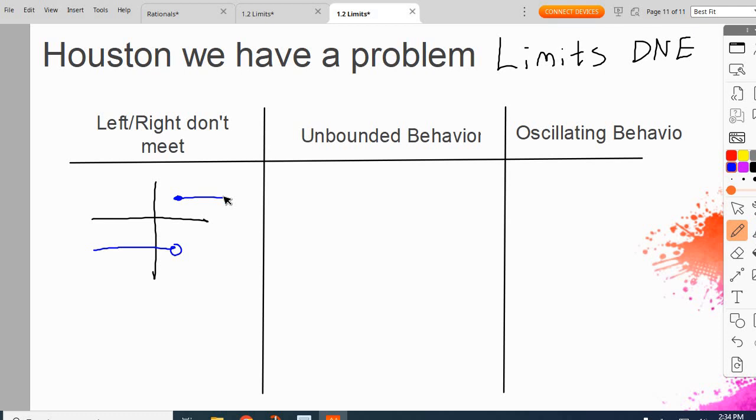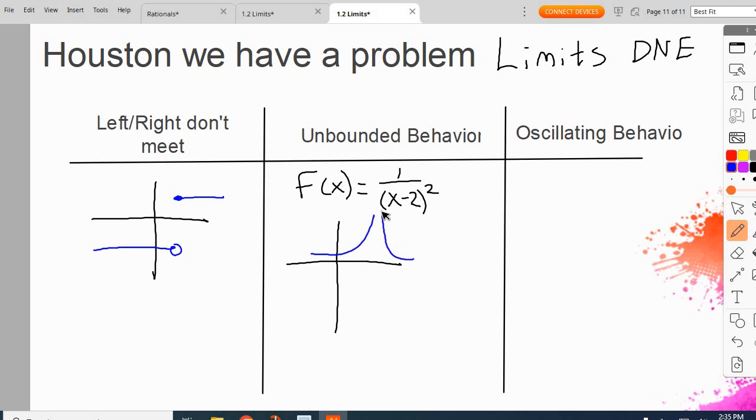Our second is like our unbounded behavior, which was like when we had f of x and we have some asymptote. So say like x minus 2 squared. If I'm looking at the limit at 2 and it is unbounded, okay, goes on forever, my limit does not exist.